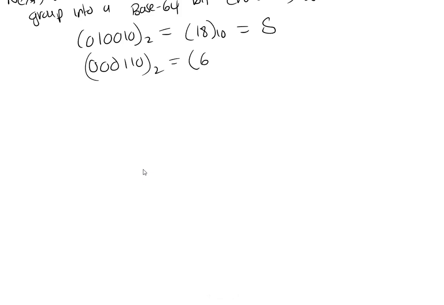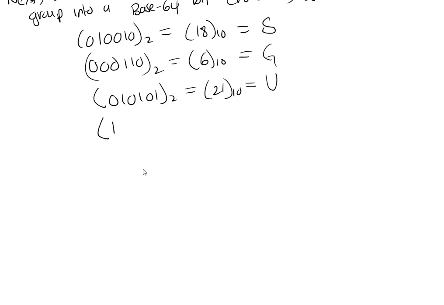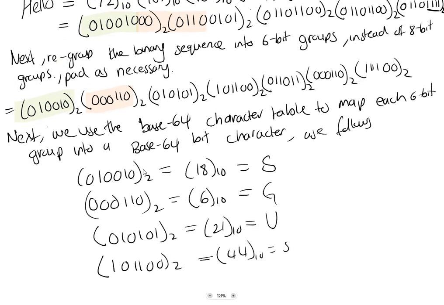Sorry, this number is a 6 in base 10, and becomes a G. Then you have 0, 1, 0, 1, 0, 1 in base 2. It becomes a 21 in base 10, which is a V. And then you have 1, 0, 1, 1, 0, 0, which is 44 base 10, which is an s. Am I right? Yes, I am.